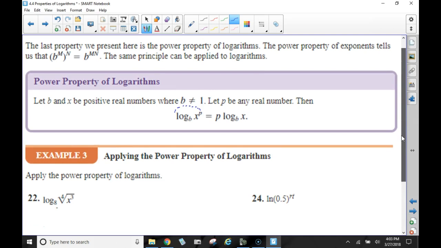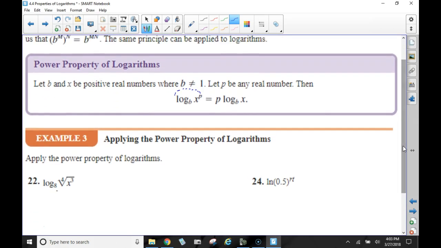So what this means, let's just do a little simpler one. What if we have the log of, I don't know, let me do 18 with base, I don't know, 2. It doesn't have to be anything pretty. Well, we know that 18 is the, no, it's not. Hold on. Let's not do 18.